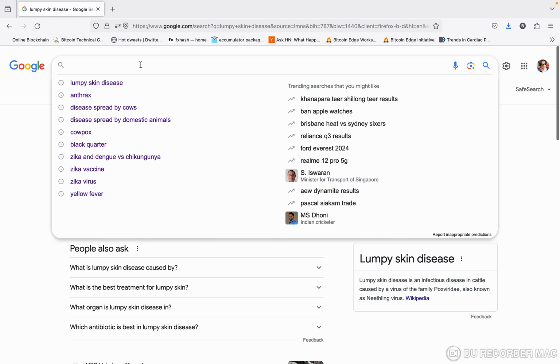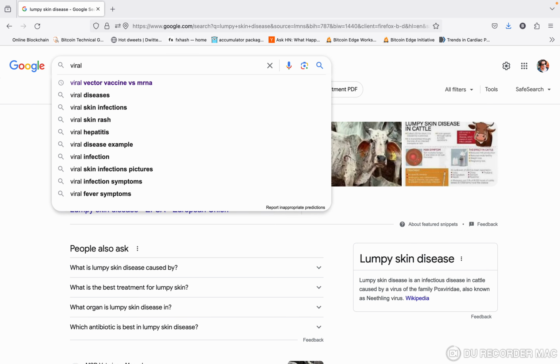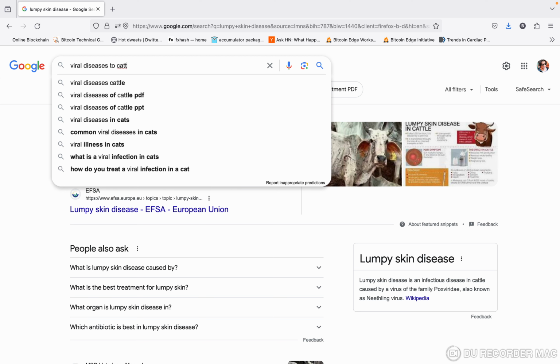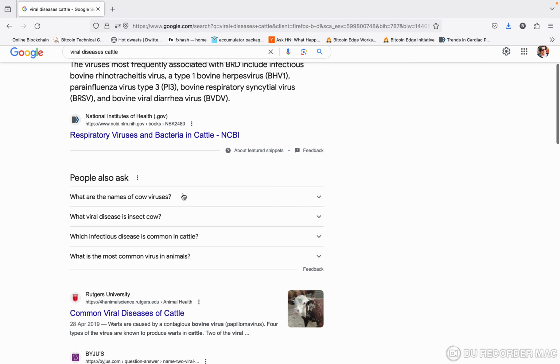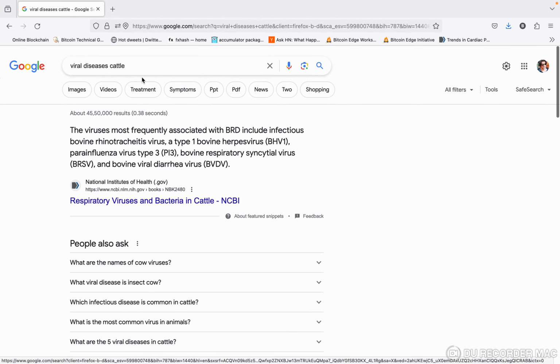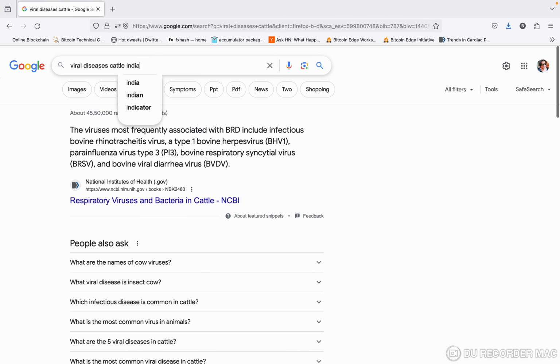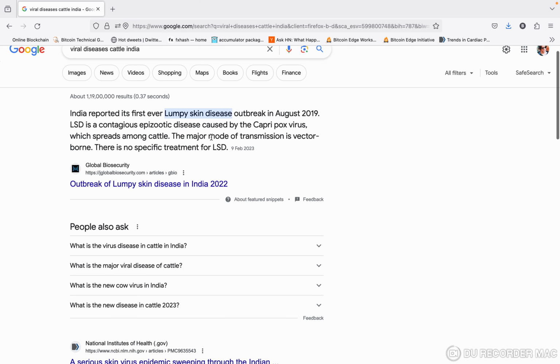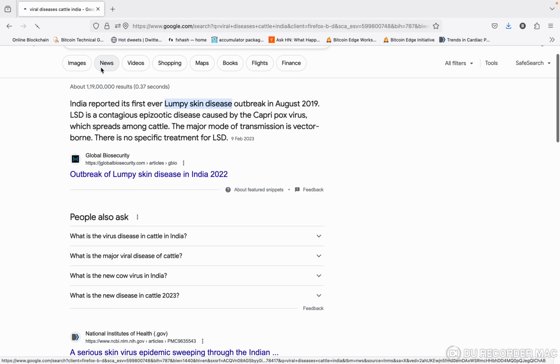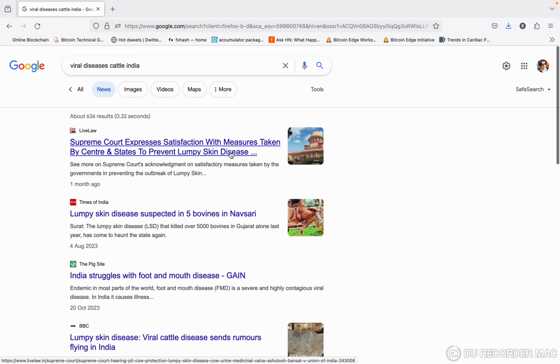And what are other viral diseases of cattle? It is showing lumpy skin disease only.